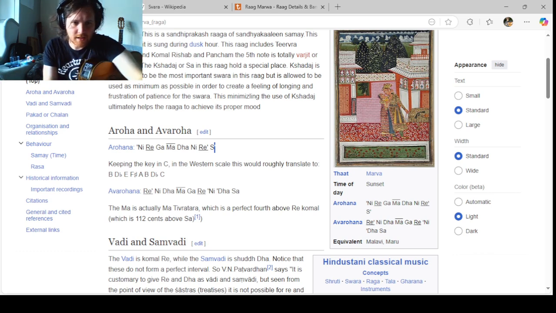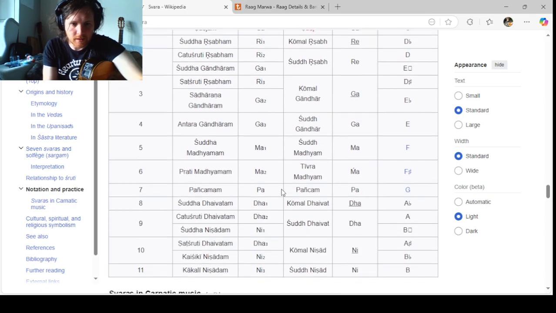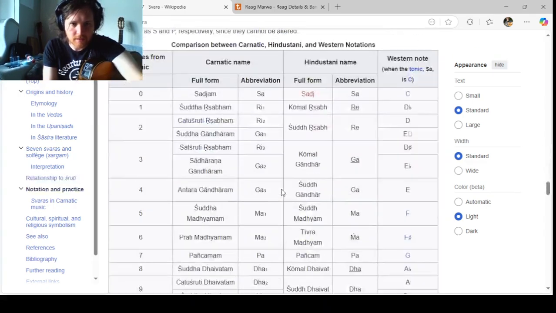Okay, it says the Ma is actually Ma Tivra, which is a perfect fourth above Re Komal. So let's see if we can make sense of that. Ma Tivra. Okay, surely F sharp then, which is a perfect fourth above Re Komal.